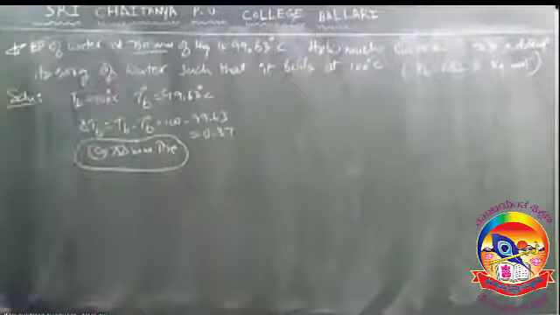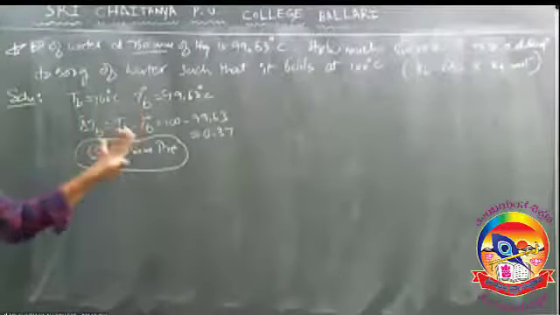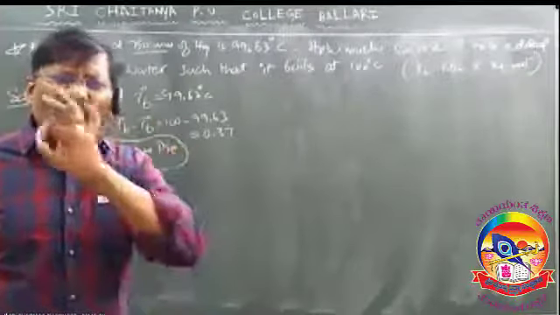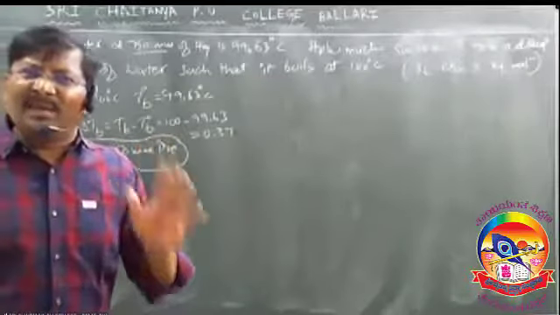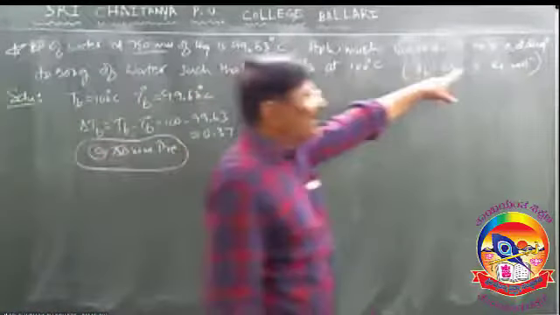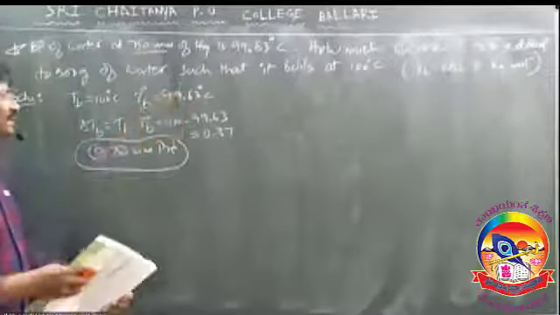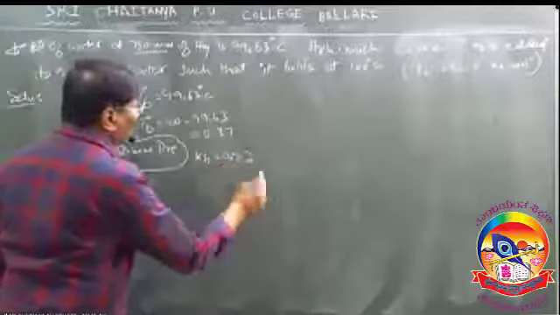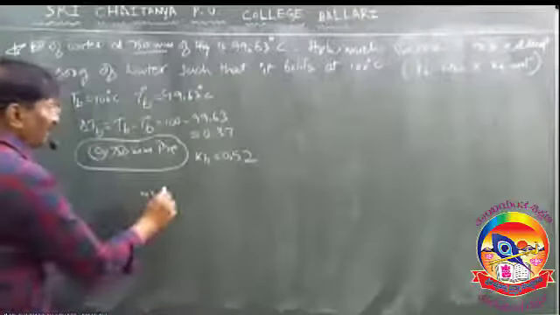Please remember, in this problem they did not give the KB value. So for water, please learn by heart the KB and KF values. KB is 0.52.